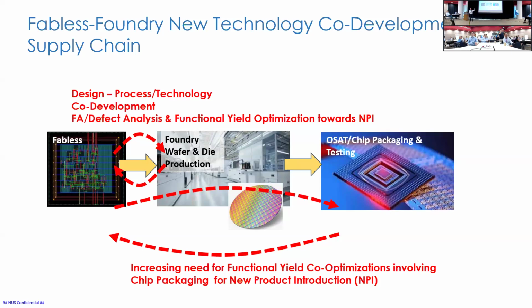Okay, so there are quite a lot of interactions in the first stage between the fabless and the foundry. And where it happens is really the technology that's first developed, failure tested, and yield enhanced. Now, subsequently, there's also a second stage yield enhancement effort that happens between the fabless and the chip packaging facility.